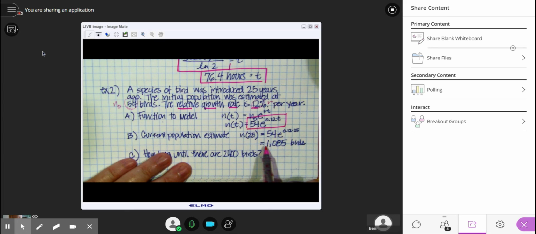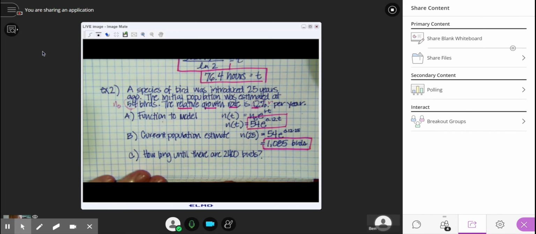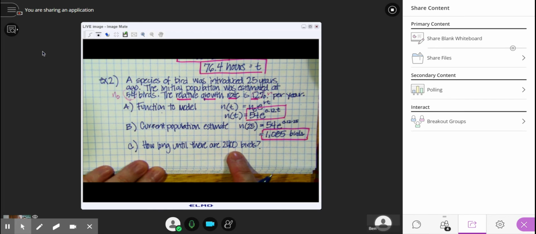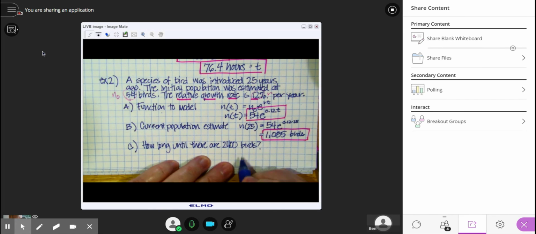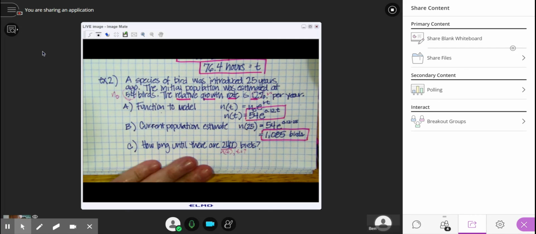How long until there are 2,400 birds? Well, I'm telling you that this is your N of t, and you're going to have to find what t equals.